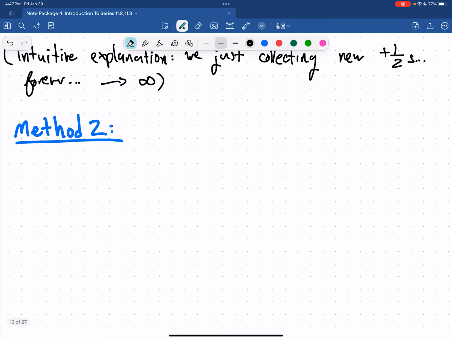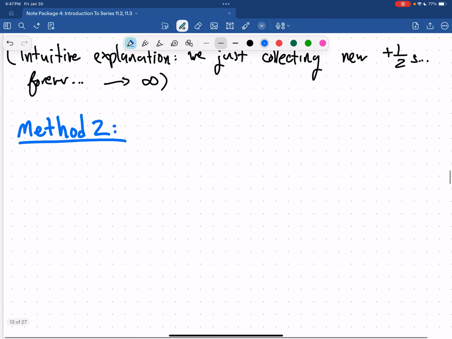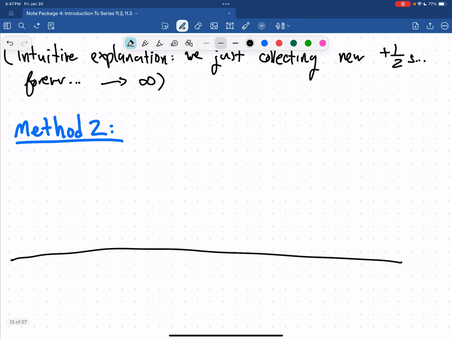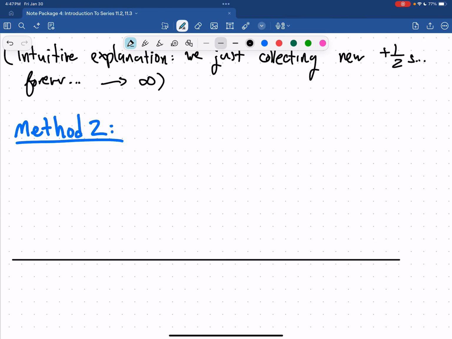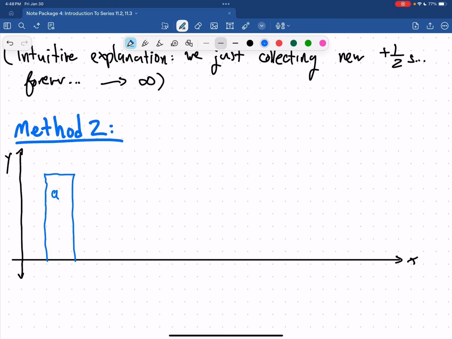Okay, so with our series, the harmonic series, we can represent that series on the XY plane as rectangles. So we can say we've got, I'll make it a little wider so it's easier to write on. We could say this is our A1, that's equal to 1.